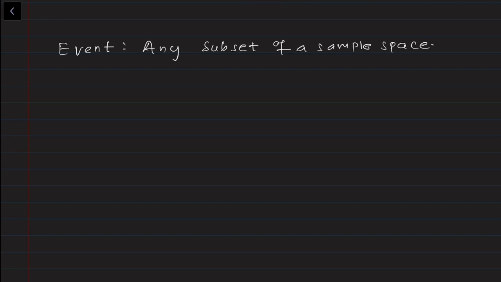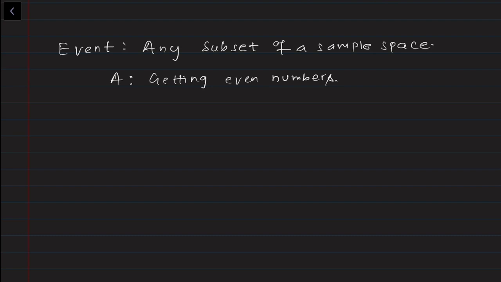So outcome, like when you roll a dice, you get either 1, 2, 3, 4, 5, or 6, right? So those are outcomes. But you can define an event, for example. Now this is also a set, that's why I'm using the capital letter A. So suppose you define event A, getting even numbers on dice.